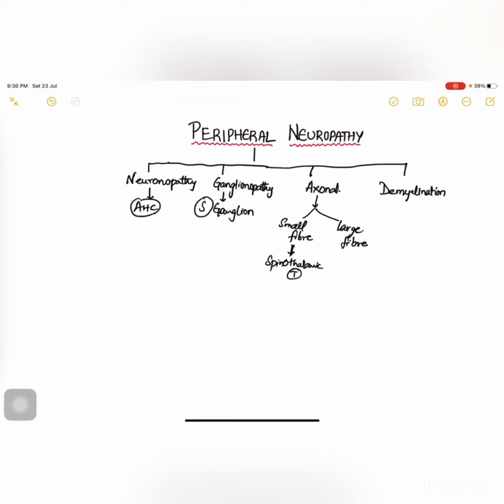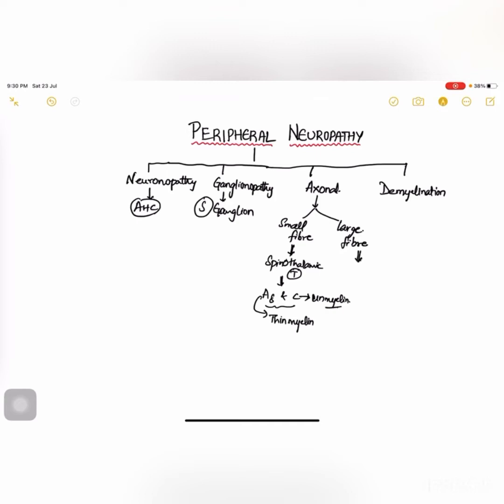It is called small fiber neuropathy because the spinothalamic tract contains A delta and C fibers, which are thin. A delta fiber is a thin myelinated fiber and C fiber is an unmyelinated fiber.